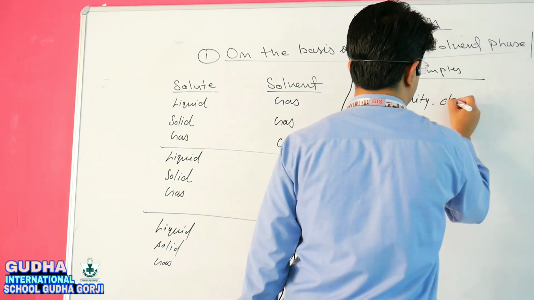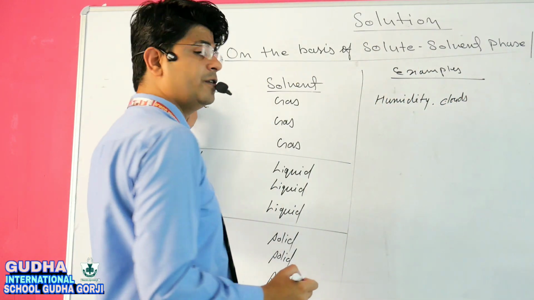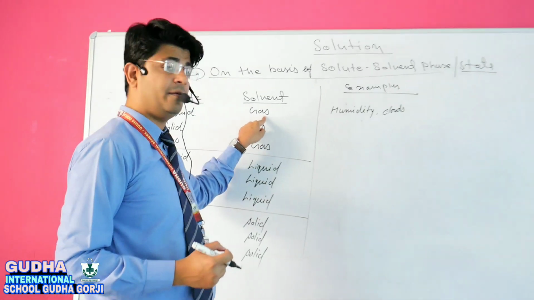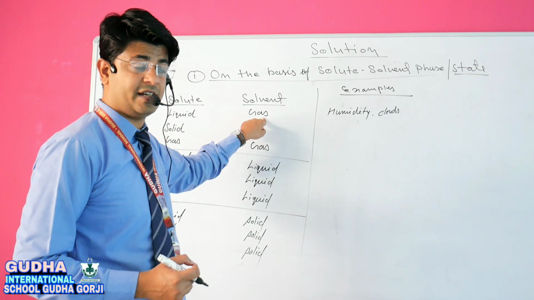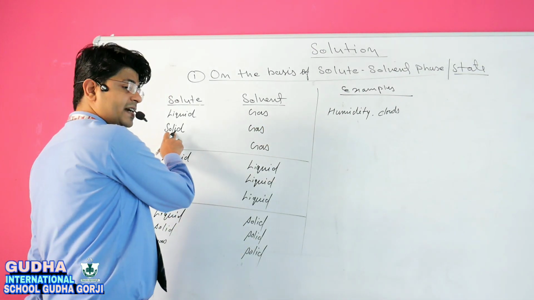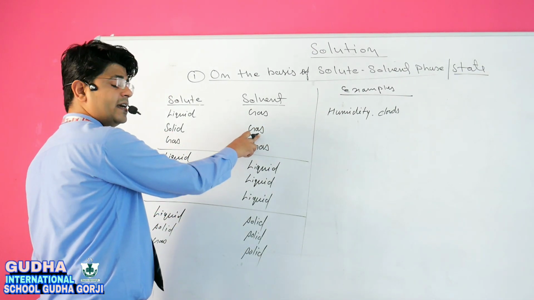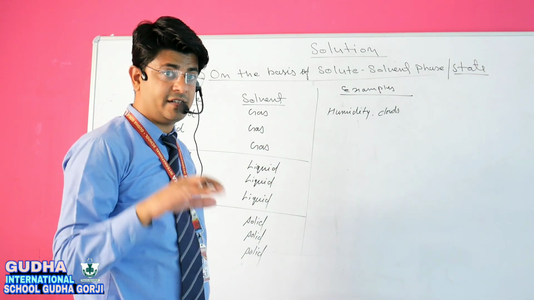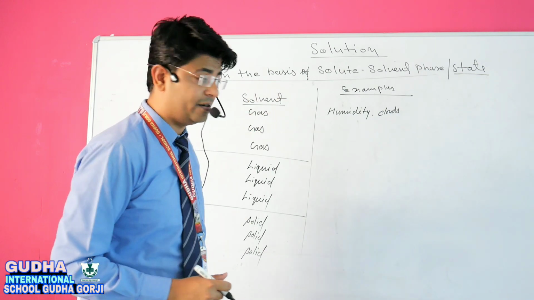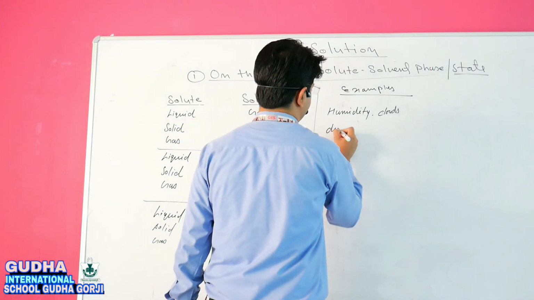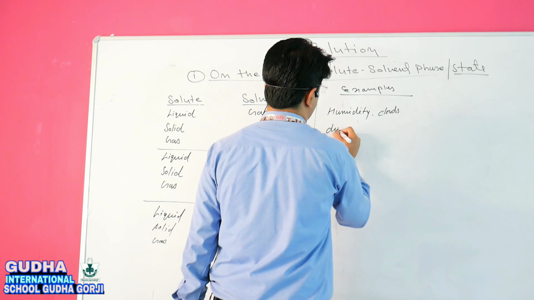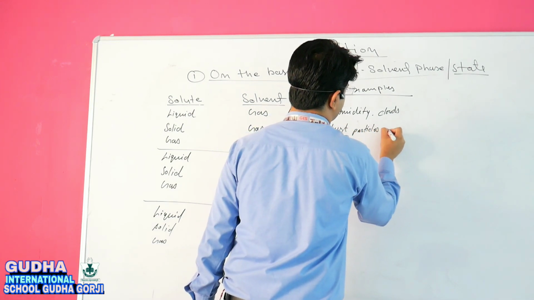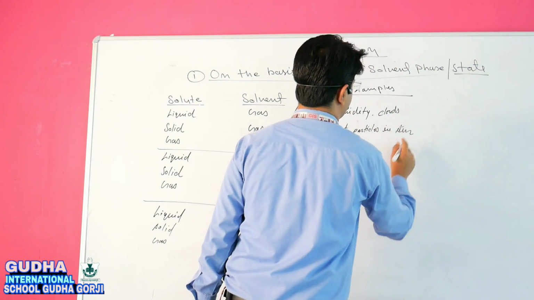The clouds are actually a solution in which the solute particles, the tiny water droplets, are present in the air, which is a gas. Now the next example, solid in the gas. See the dust particles, they are suspended in the air.